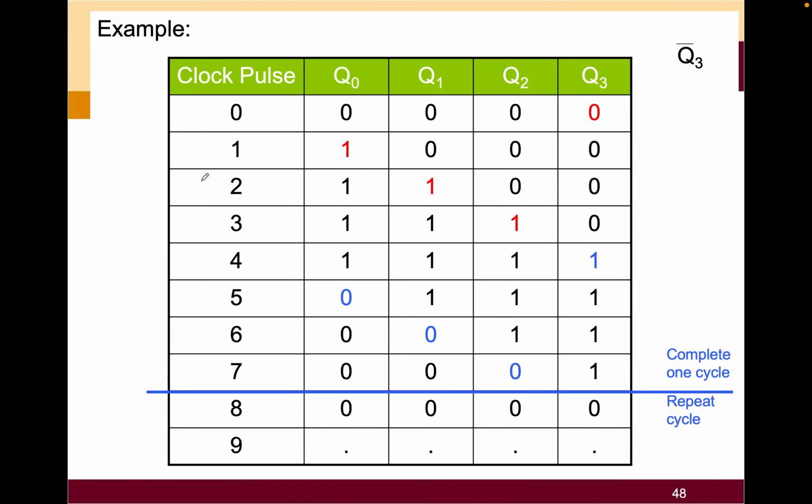Of course it's going to count 0 0 0 0, 0 0 0 1, 0 0 1 1, 0 1 1 1, 1 1 1 1, and then it's going to follow here.